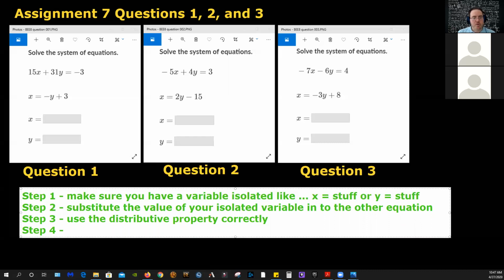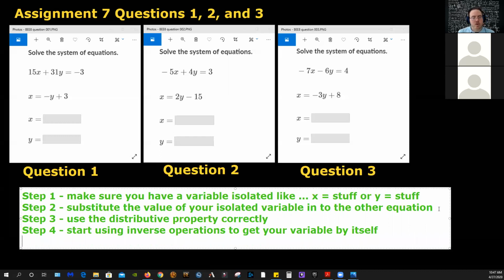Step 3, you want to make sure you use the distributive property correctly. So step 4, you're going to start using your inverse operations to figure out what your variable is worth.